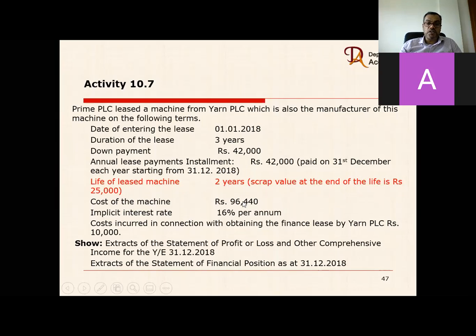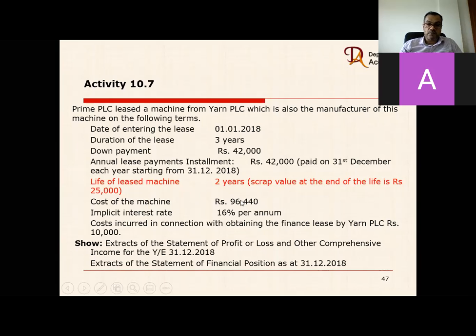Cost of the machine is this much. Implicit interest rate is 16%. Cost incurred in connection with obtaining the finance lease by Yarn PLC is this much. So all the information is there. Since this is a manufacturer, this cost has to be recognized as an expense. So you need to recognize the profit.